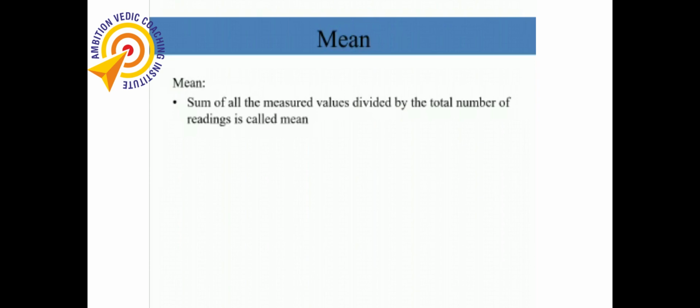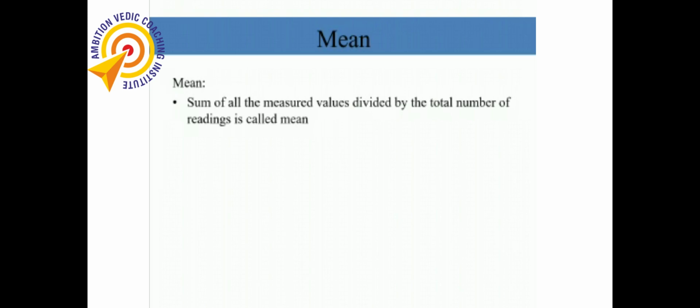You're getting me? So instead of taking only one reading of some instrument or apparatus, we do the process repeatedly, 3 times, 4 times, sometimes 5 times or 10 times. The more the number of readings, the lesser the error will be in that particular value, which you will see in the laboratory during an experiment.